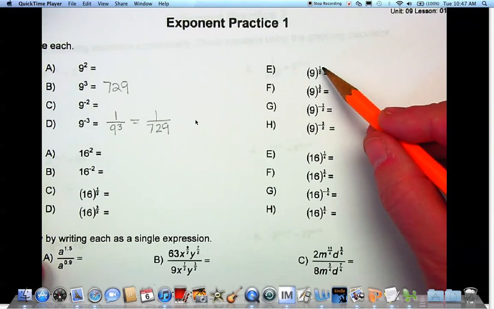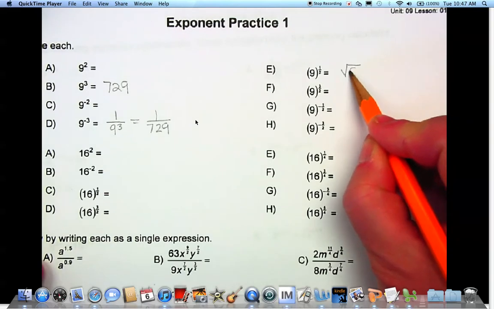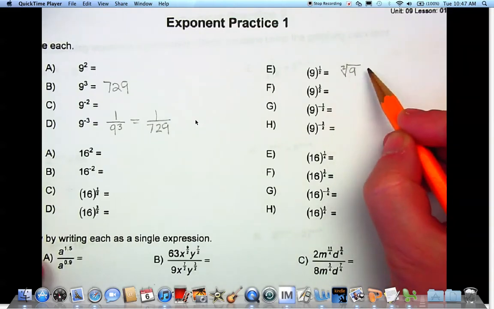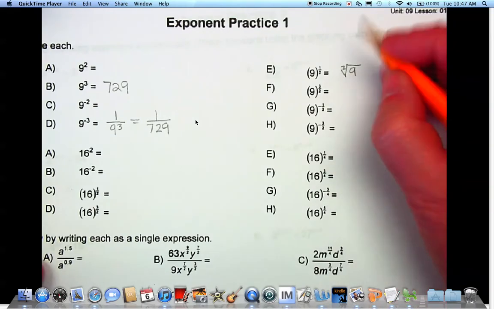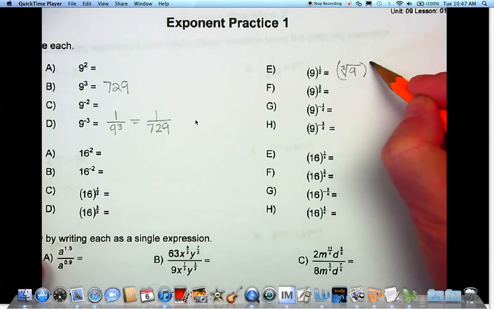The power, okay? So we're going to rewrite this with a radical sign, and this is what root here? Second. Which is really just the square root, isn't it? So you don't really have to put the 2 on the square root, but we do anyway. You can or you cannot do it. It doesn't matter. And then the power would be 1.